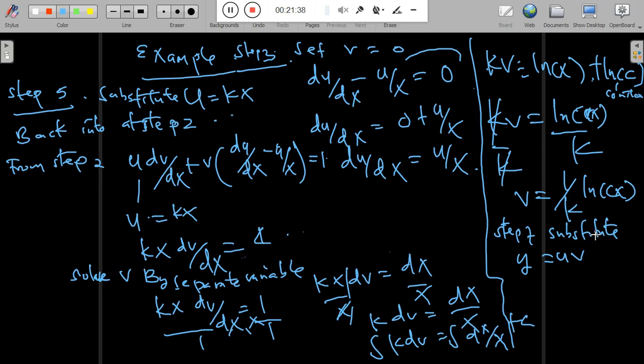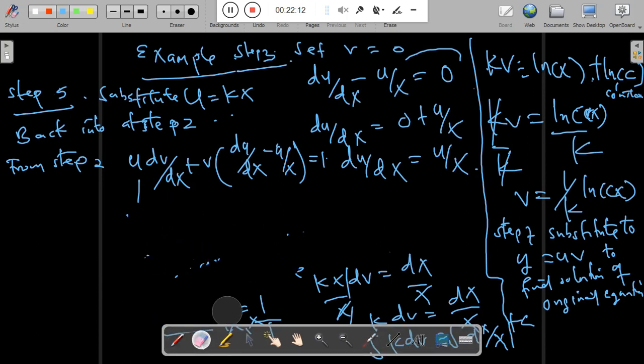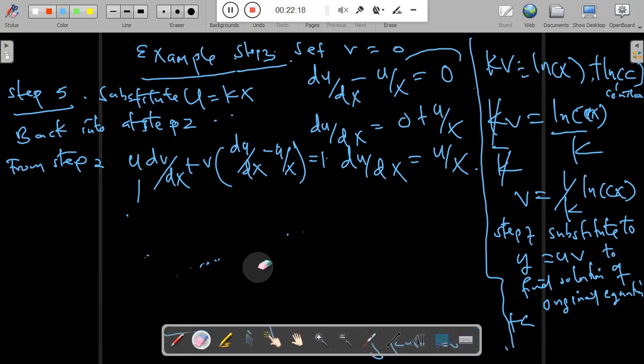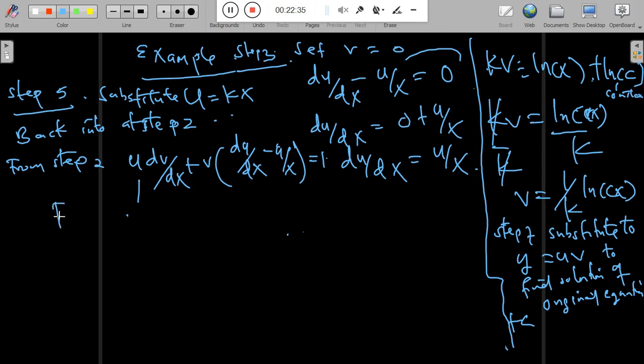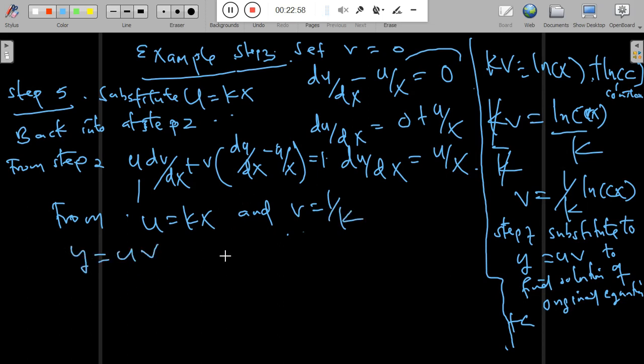So step number 7, we need to substitute y, which is equal to uv. We substitute it to find the solution of the original equation. So let's write the equation that we had, that is y equals uv. Remember that we applied that function to solve by product rule in the previous steps. So from u, which is equal to kx, and v is equal to 1 over k ln cx. So y is equal to uv.